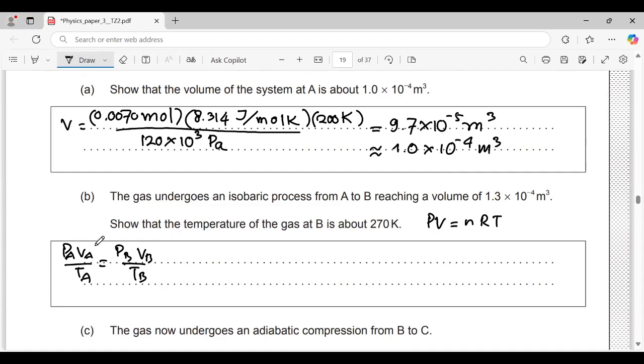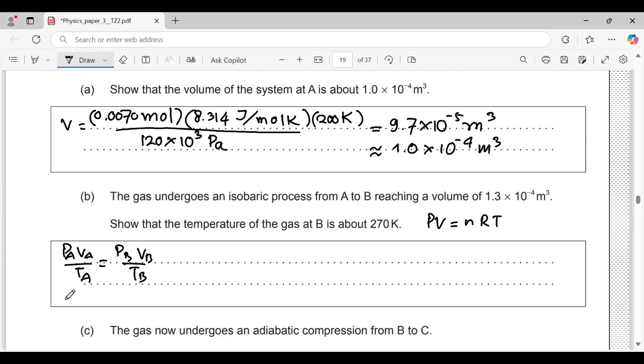P for pressure, V for volume, and T for temperature. In an isobaric process, it means PA, pressure at A, equals pressure at B. So the pressure terms we can cancel out.